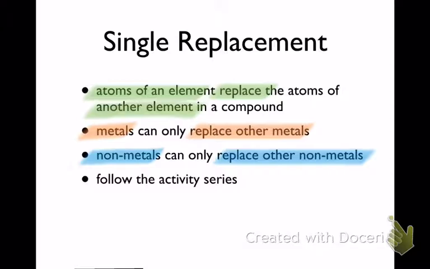But this doesn't automatically happen. When you go to your tables folder, you'll find what's called an activity series. To make a determination whether a metal can replace a particular other metal, or a nonmetal can replace another nonmetal, you need to reference that activity series. Let's look at a couple examples and see how this plays out.